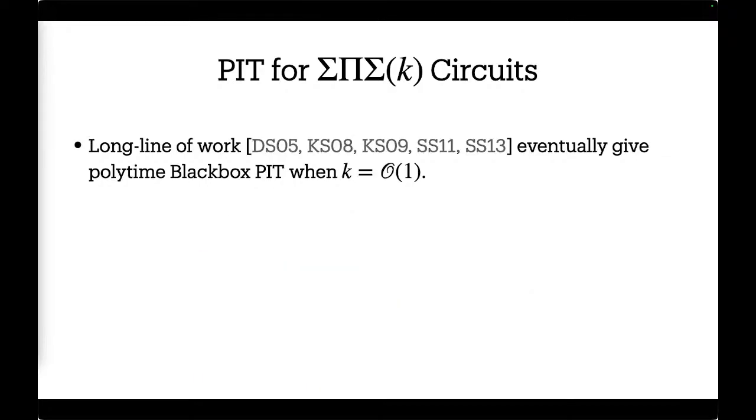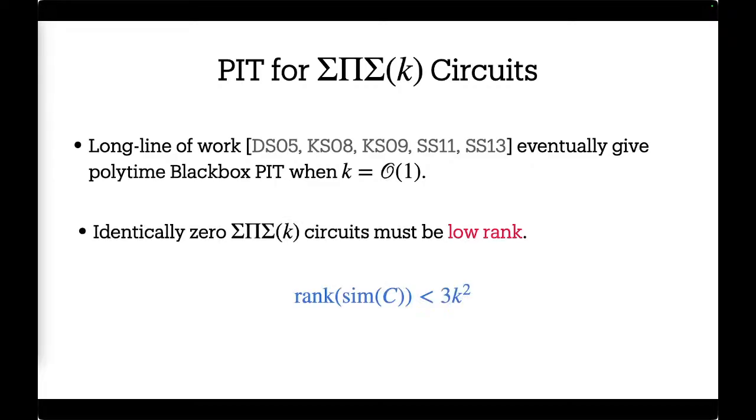A long line of work that Rafael talked about in the morning did end up culminating around 2013, giving us a black box PIT algorithm for these kinds of circuits, depth 3 with constant top fan-in. One pattern that kept reoccurring in all these results was that if the circuit is computing an identically zero polynomial, then the rank that we just discussed a few slides ago is going to be low.